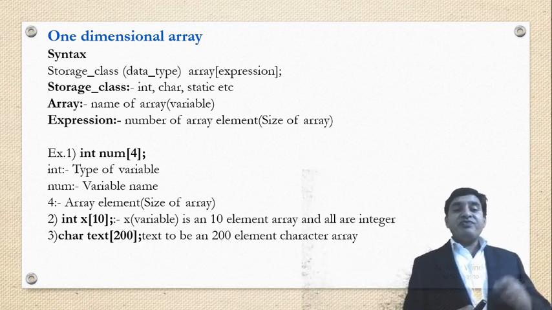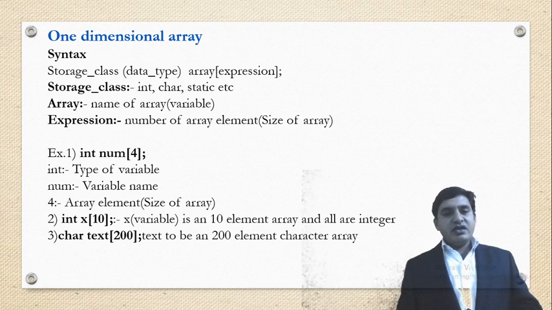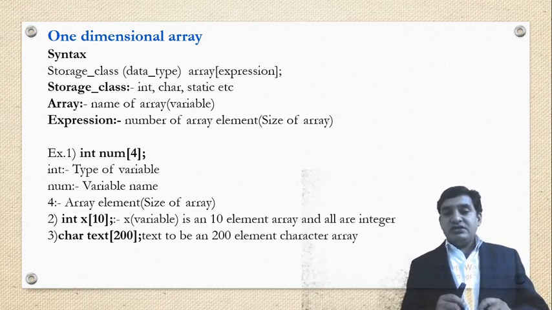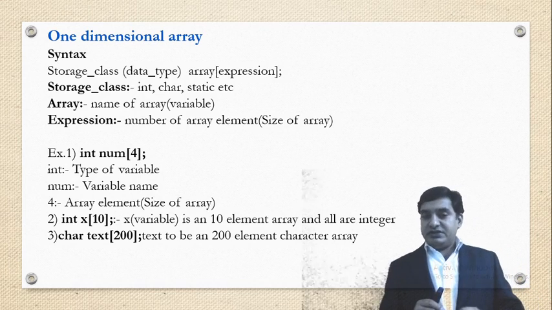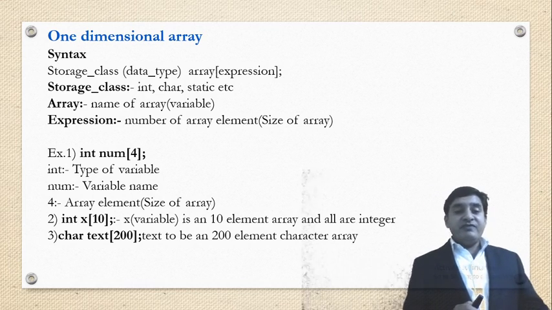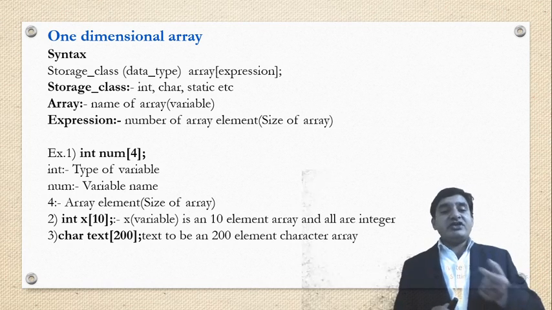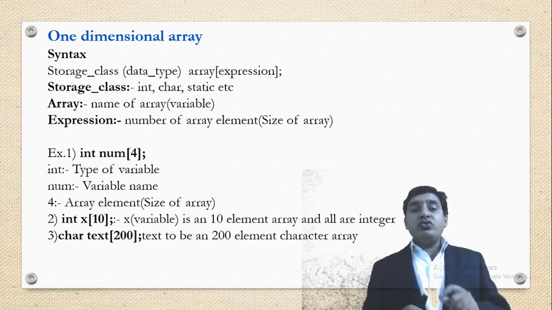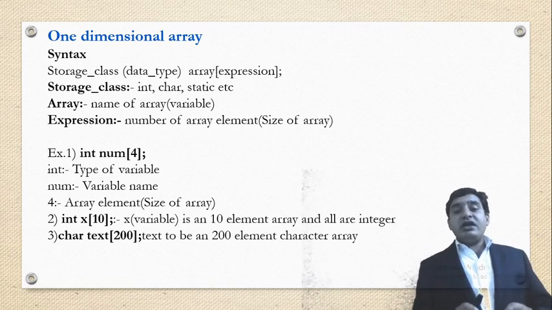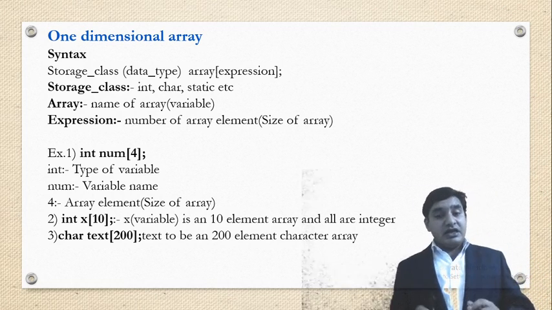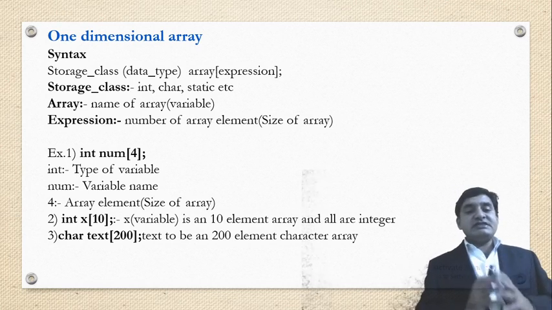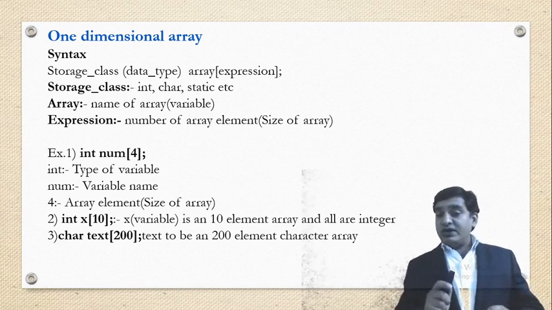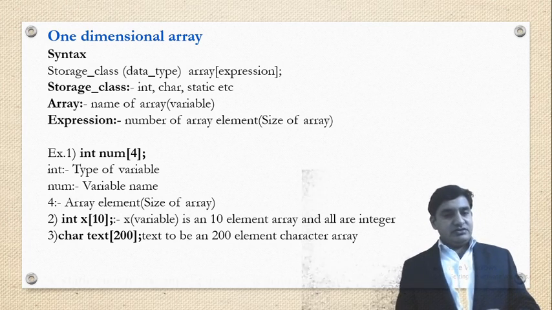Third example is char text[200]. The data type is character, text is the name of the variable, and text is a 200-element character array, so the array consists of 200 elements.